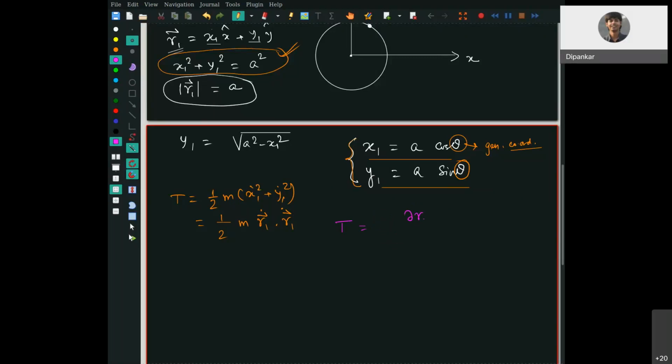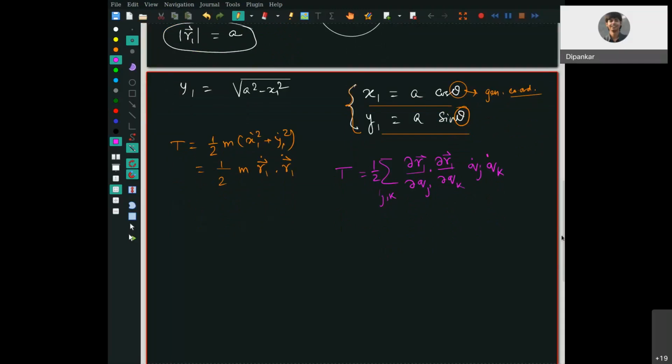If I have only one r, that would be del r1 by del qj dot del r1 by del qk, qj dot qk dot. Somehow this was my expression, I guess, if I remember correctly. Might be a half here.